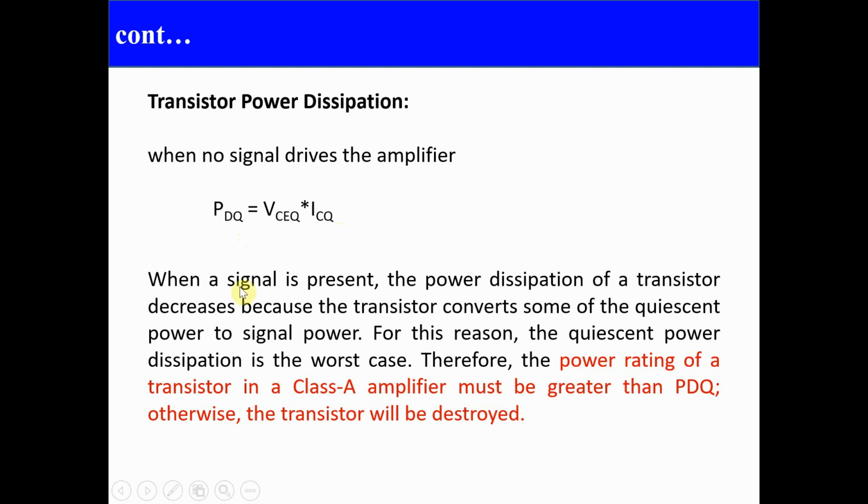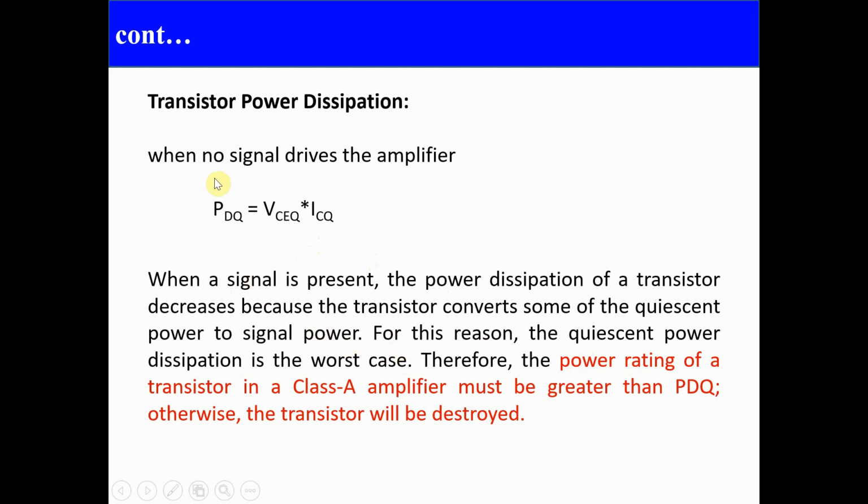But when a signal is present, when we have provided an AC input signal, this power dissipation would reduce, because the transistor converts some of this DC power into AC power. For this reason, the quiescent power, the DC power dissipation, is the worst case.